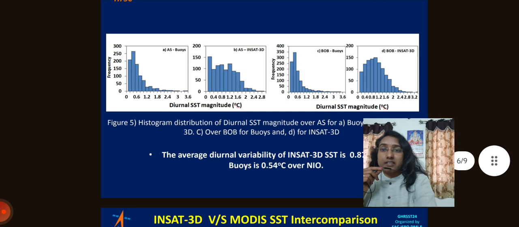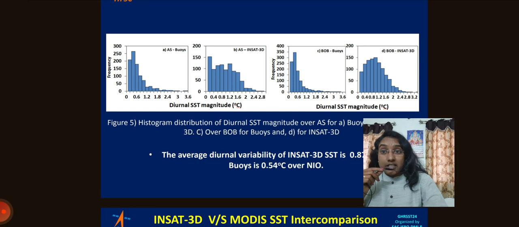And here the diurnal variability histograms are shown for the Arabian Sea and Bay of Bengal in comparison with the buoys. The left histogram shows the Arabian Sea and the right histogram is for the Bay of Bengal. Buoys have shown less diurnal SST magnitude in comparison with the INSAT-3D SST.